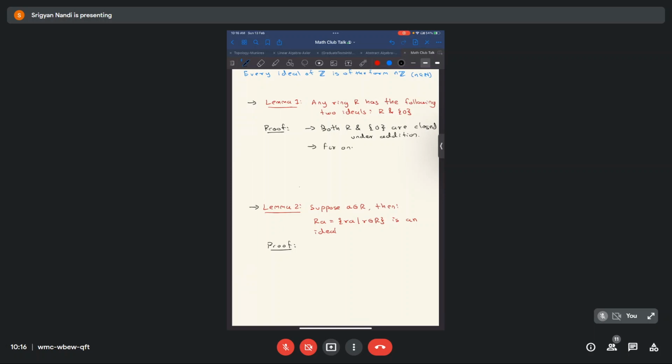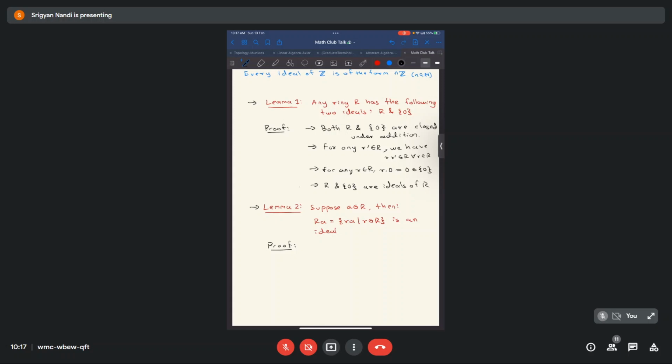For any r' belonging to R, we have r r' belongs to R for all r belonging to R. This is the second property of an ideal, and it is satisfied for R. For the zero ideal, for any r belonging to R, r times zero is equal to zero itself, which again belongs to the zero ideal. So it is obvious that R and the zero ideal are ideals of R.